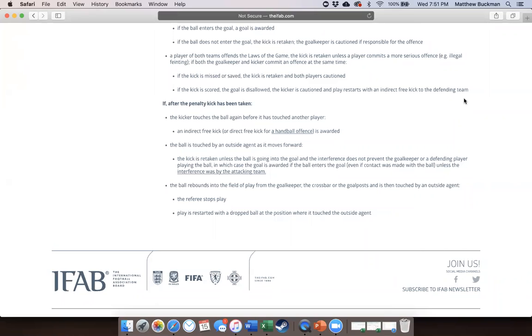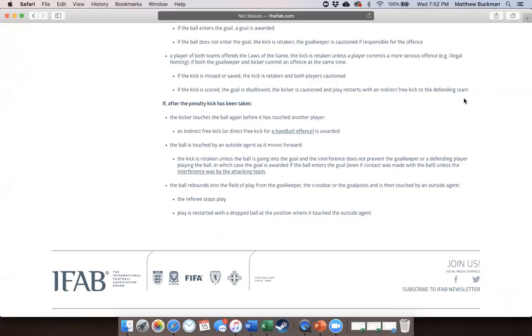So if both commit an offense and the goal is scored, then we want to take the penalty down one, we deny the goal, we move on. If the ball goes in the net, or excuse me, if it misses, then we retake it because it's possible that the goalkeeper's infraction has caused the shooter to miss. And so we can't let the goalkeeper get a benefit from that.